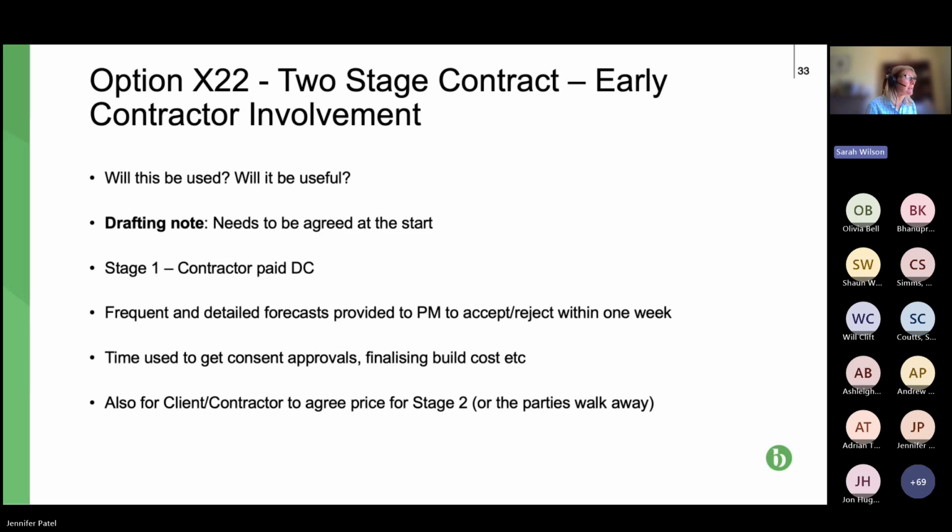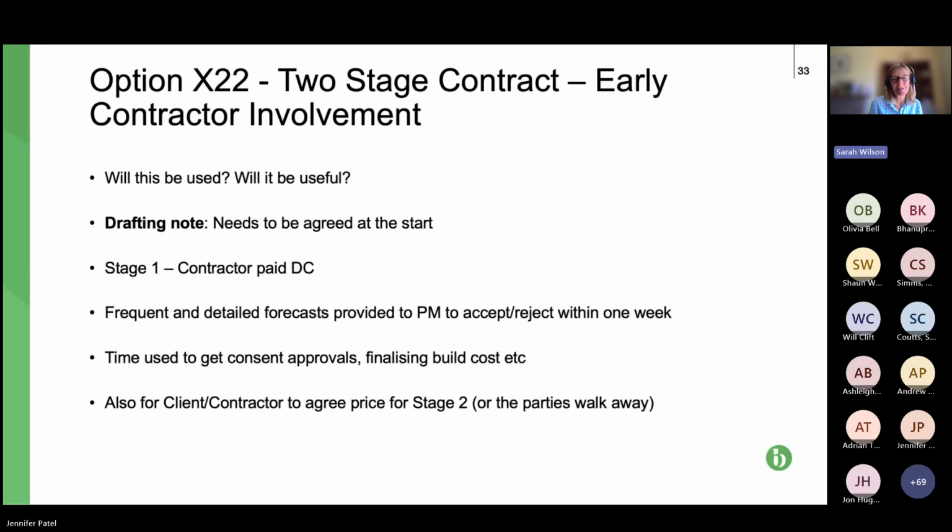Now, as you might expect, particularly because it's early stage involvement and of course it's NEC, the contract keeps a very tight rein on the pricing. So the contractor is required to provide detailed cost forecasts on a weekly basis for the PM to accept or reject.